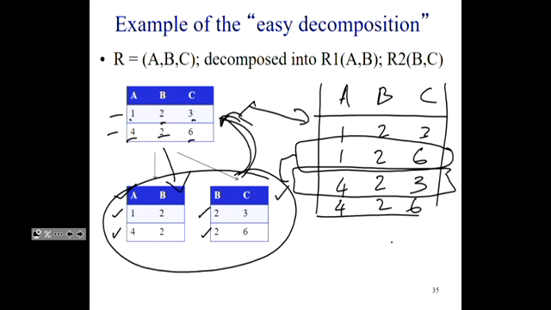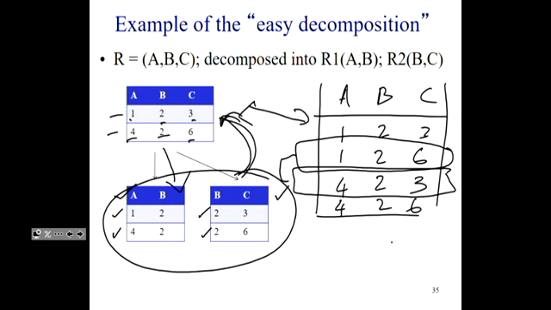So basically, both of these are correct. What you're saying is that in some sense, when I decompose it down, there's a multiplicative effect of combining every tuple on the left-hand side with every tuple on the right-hand side, so we end up with more. What you're saying is also correct because B is not a key, and because of that, you are not able to relate the tuples across the two relations, and therefore you end up with spurious information.